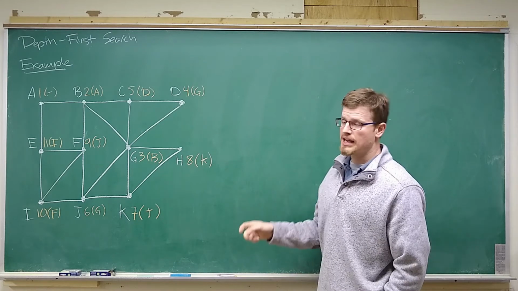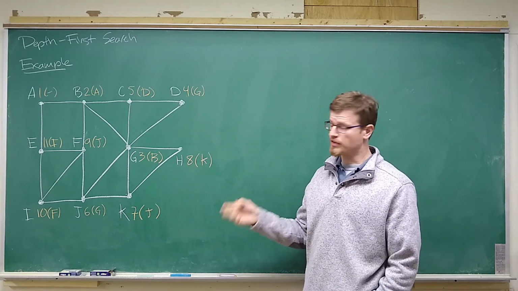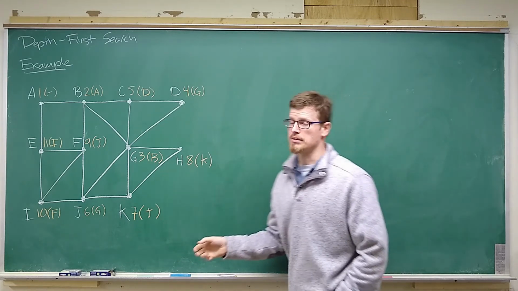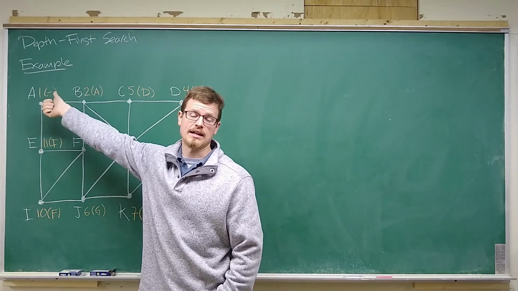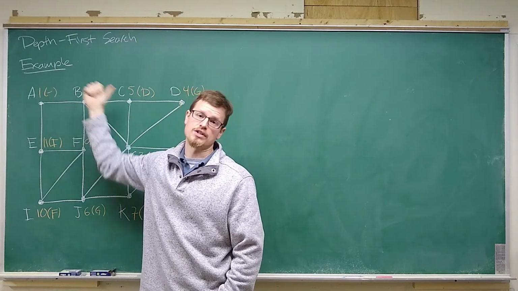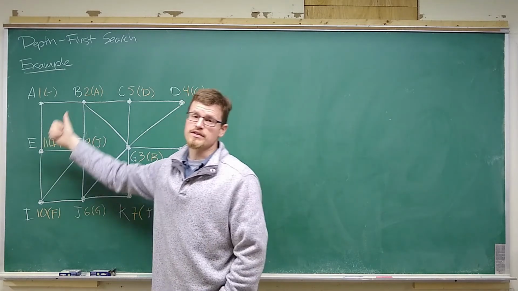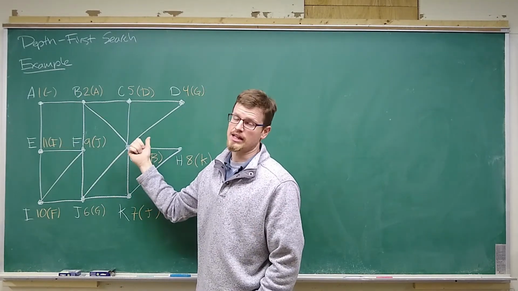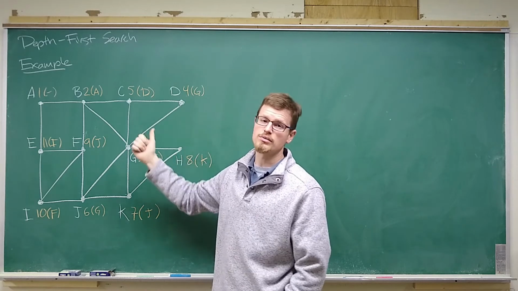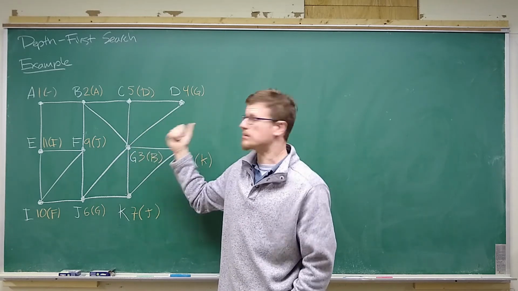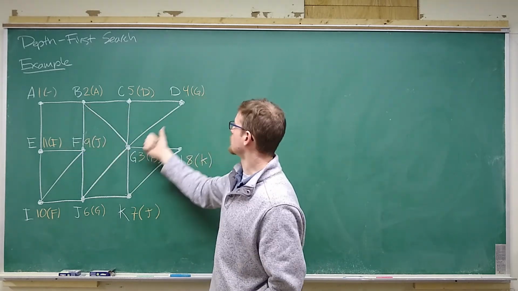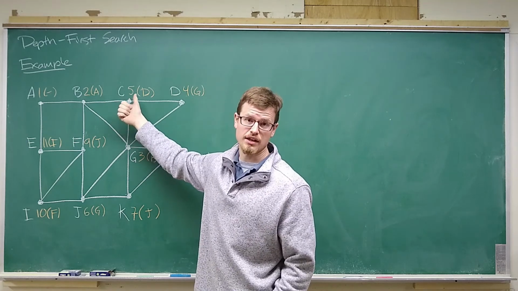Excellent. So we have successfully applied the depth-first search algorithm to this graph. Again, we obtain a labeling for each vertex by beginning with 1, assigning label 1, moving to an adjacent vertex and assigning label 2, moving to an adjacent vertex, assigning label 3, and continuing on until we can't move forward anymore. In this case, we looped around and got ourselves stuck here.